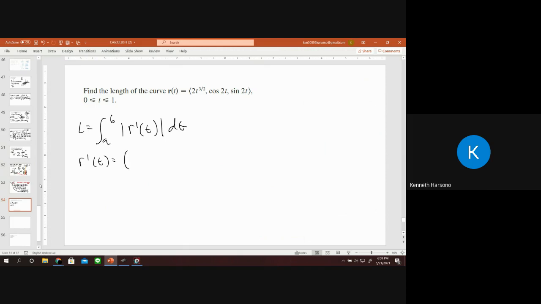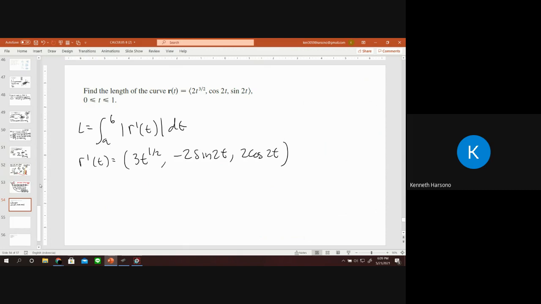This just becomes 3 to the power of 1 half, or 1 half, minus 2 sin 2t, 2 cos 2t. It's a simple derivative for this one.